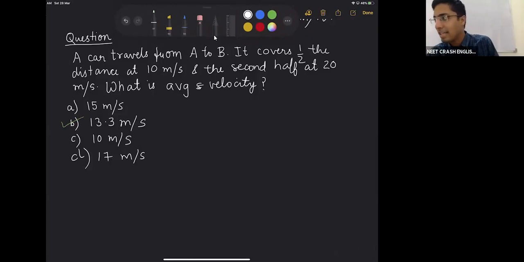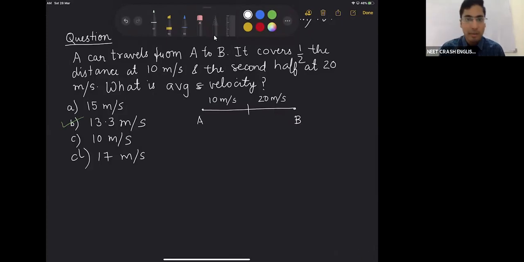There is point A, there is point B. Half the distance it is traveling at 10 meters per second, and the other half at 20 meters per second. The mistake people make is they just take the average of the velocities, which is wrong.